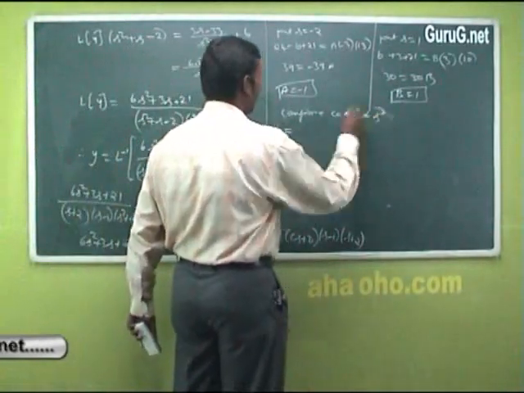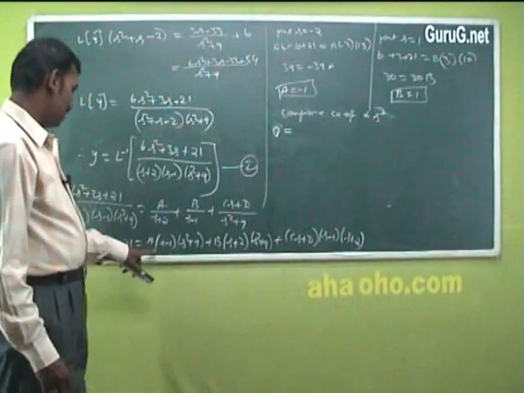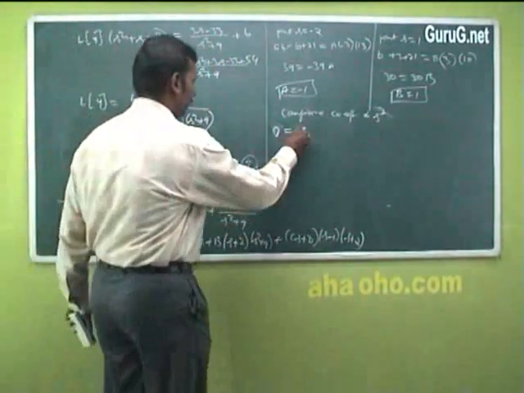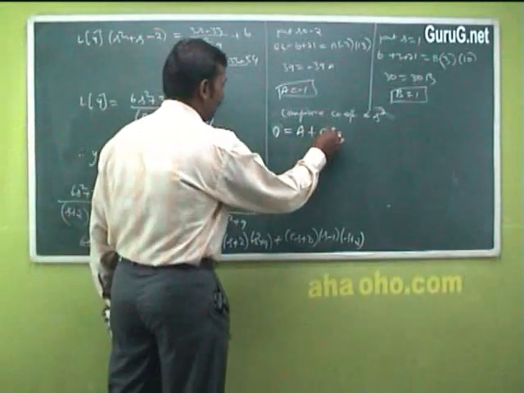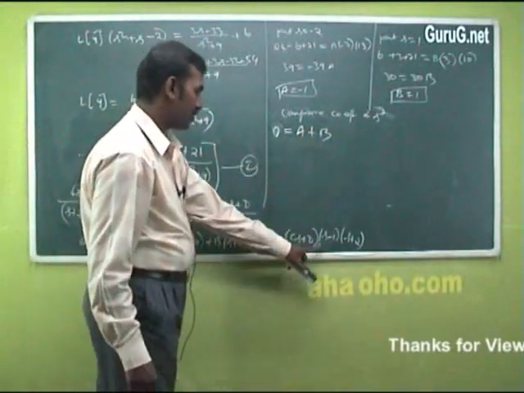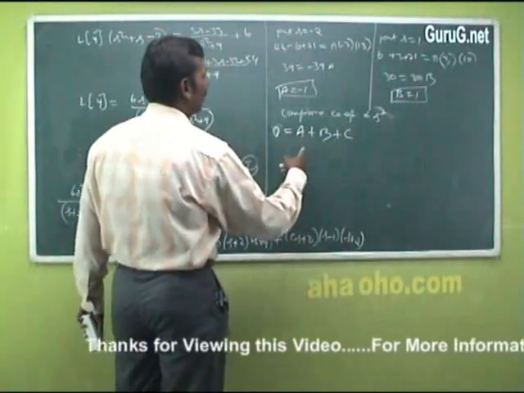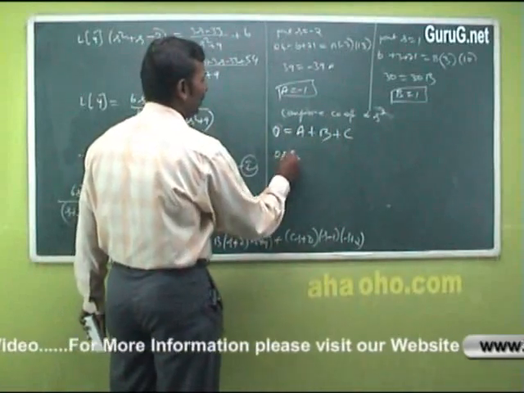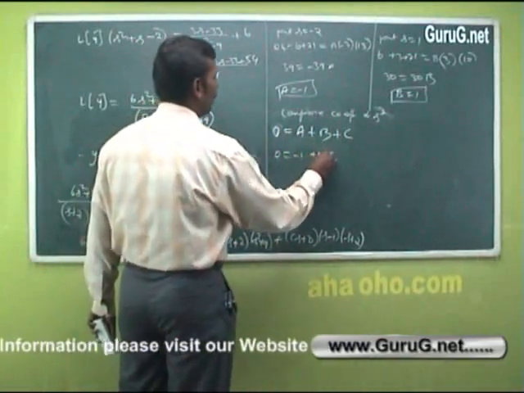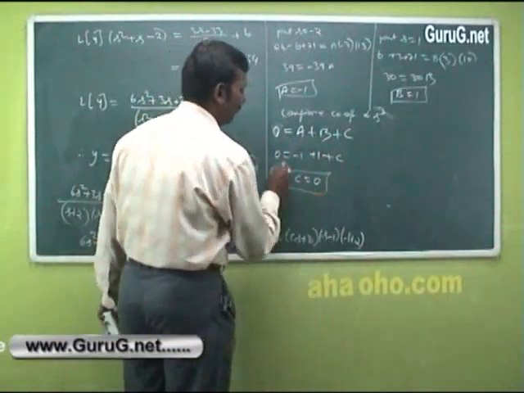Put s cube, so put 0, right? Here I have a, you multiply these two plus b and multiply these two plus c, right? So you know the values of a and b, right? So 0 equal to minus 1 plus 1 plus c. Therefore c equal to 0, right?